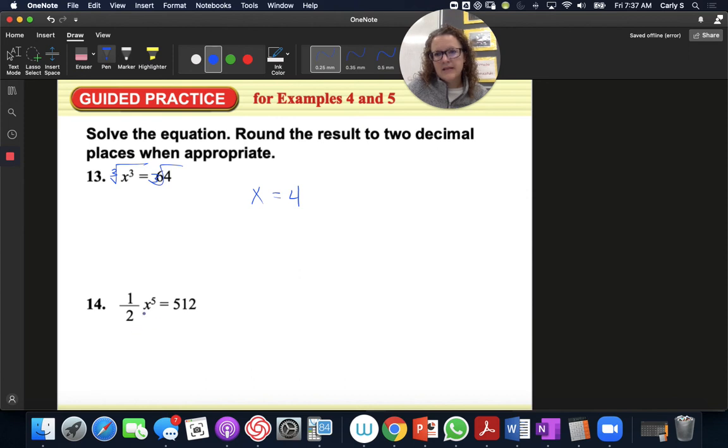I want to isolate the x first, so divide both sides by 1/2. I have x to the 5th power equals 1024. So 5th root. Again, it's an odd power, so my positive answer is going to remain positive.